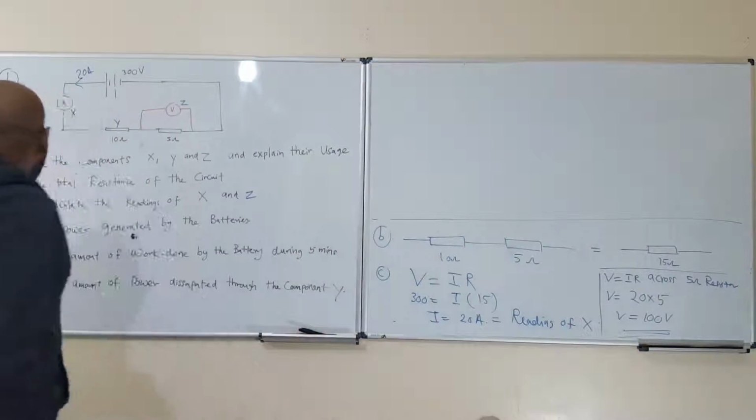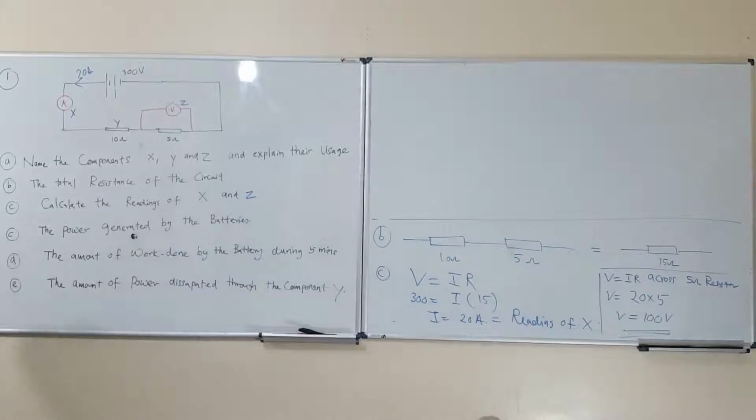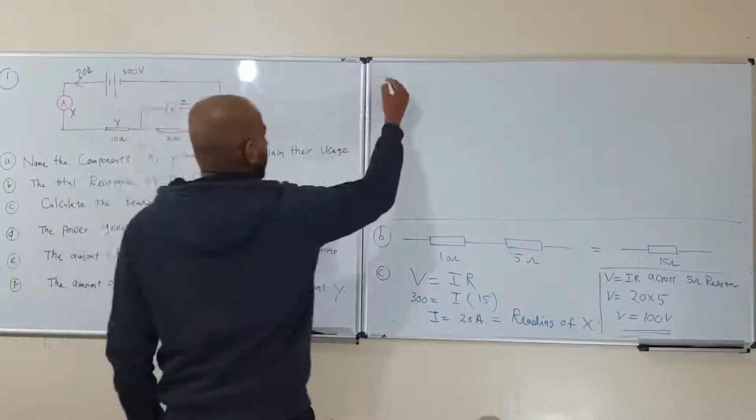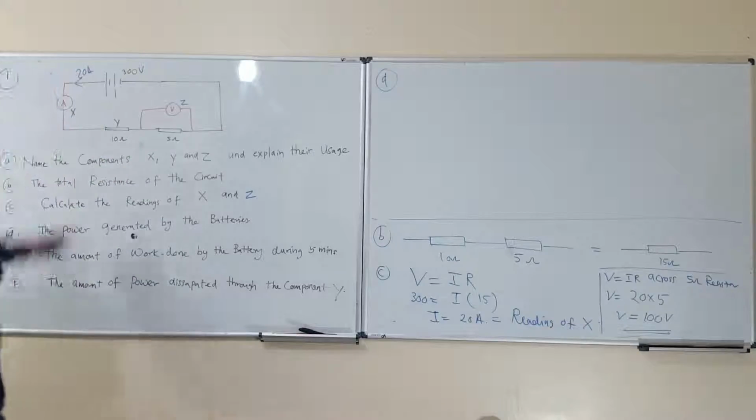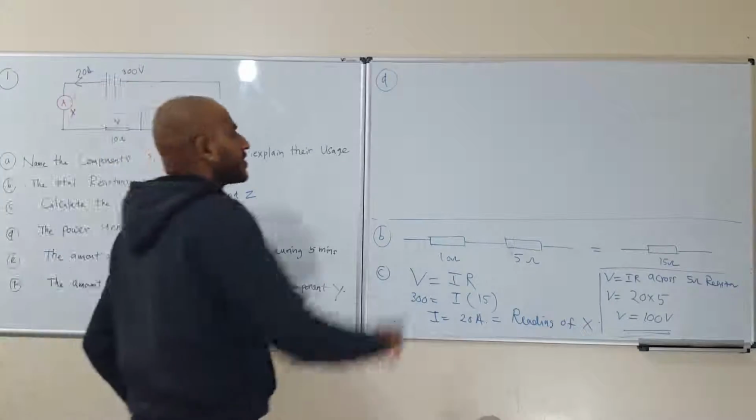Okay. Actually, there is a little error in A, B, C. This should be D, that should be E, that is F. Anyway, question D. They ask for the power generated by the battery. We know the power equation P equals VI.